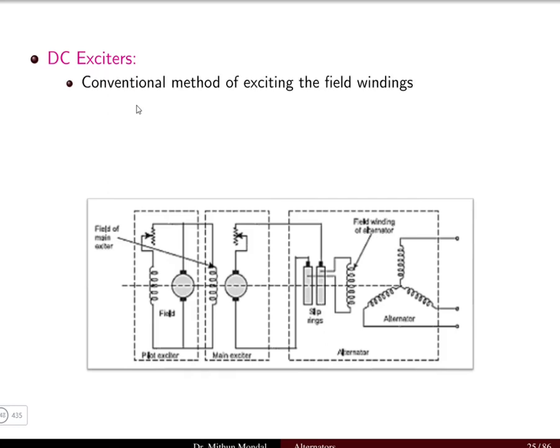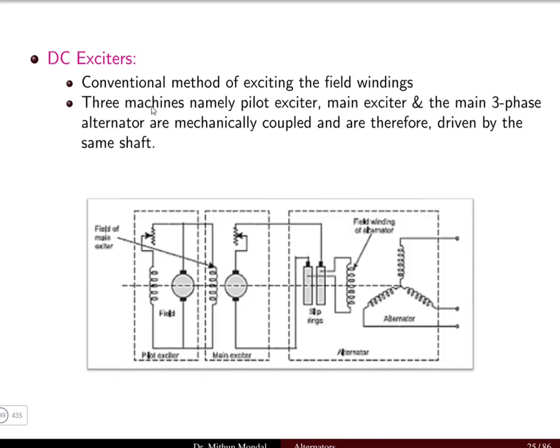In the DC exciters, it is the most conventional method of exciting the field winding. So field windings will be excited to produce the flux. Three machines are basically used. What are the machines? One is the pilot exciter, second is the main exciter, and the third is the main three-phase alternator.